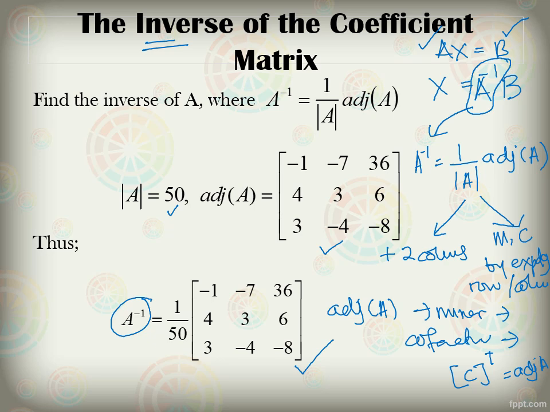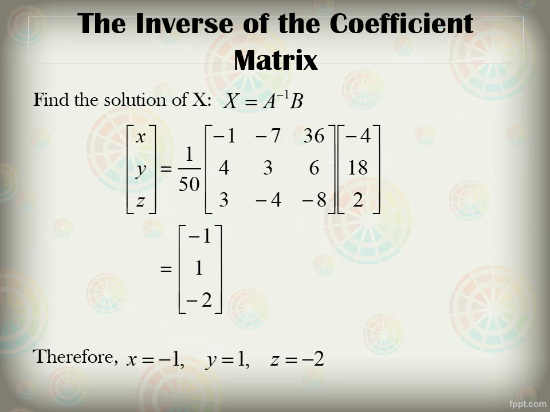Okay, so the next step is you need to multiply this A inverse with B. Okay, so solving for X, what is our X? Our X consists of the unknowns x, y, z.